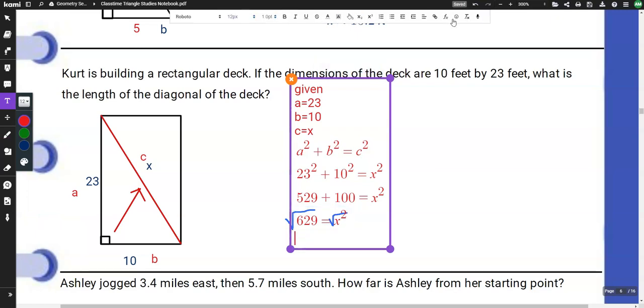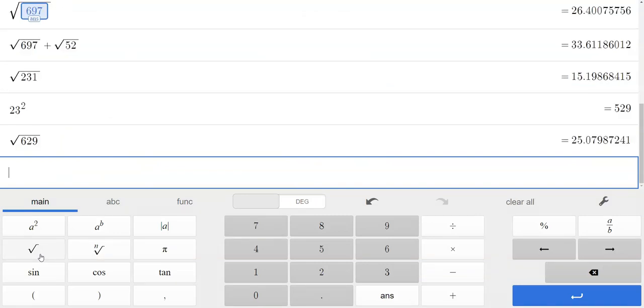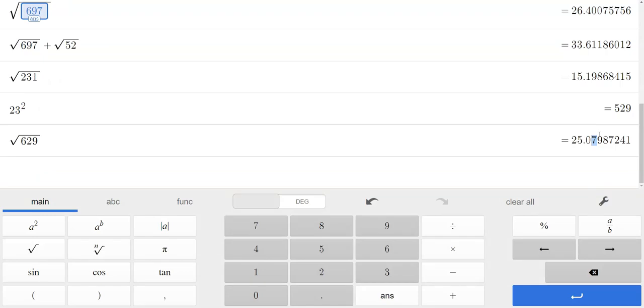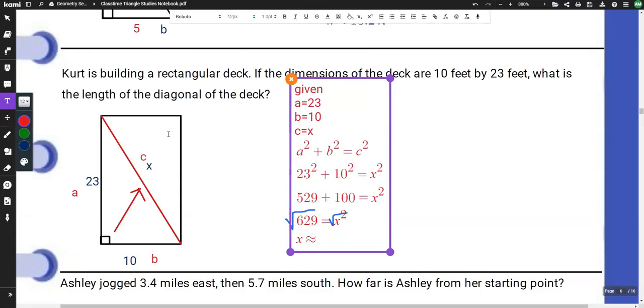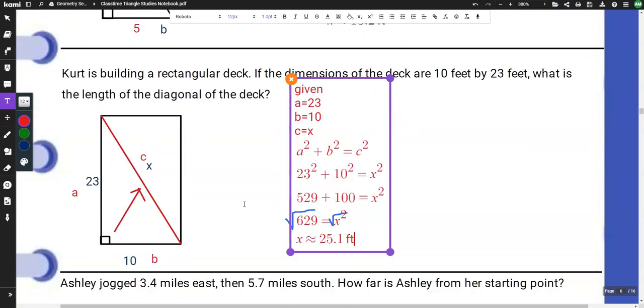And then we're going to get an approximation of 25.1 because it's 25.07. Remember, you look at the next digit, 5 or higher, round up. And again, that's going to be feet.